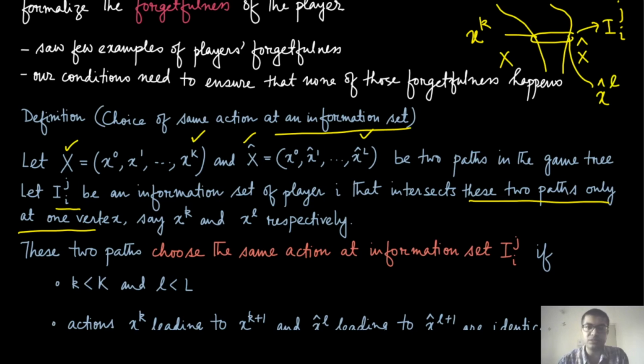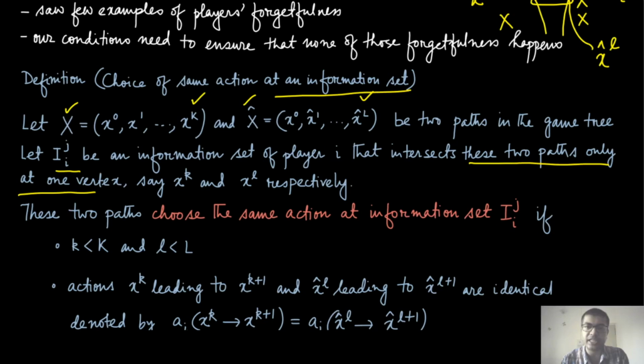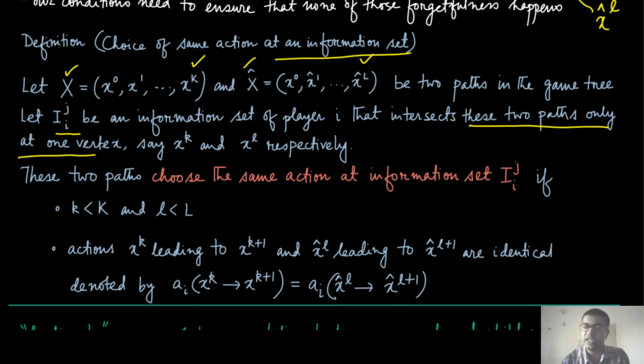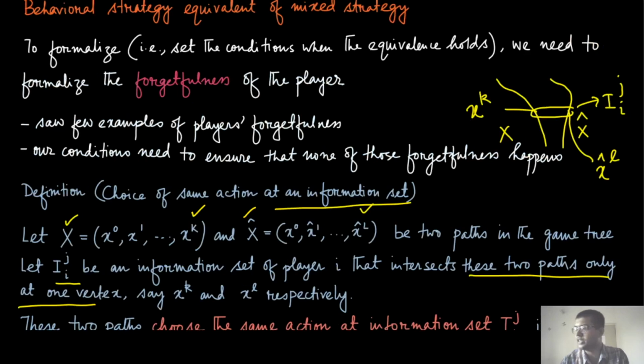If that happens, we will call that these two paths choose the same action at information set I_i^j if, of course, k is smaller than capital K and l is smaller than capital L, then the actions that are leading to x_{k+1}, the next action, must be the same, because in the same information set the action set will also be the same.